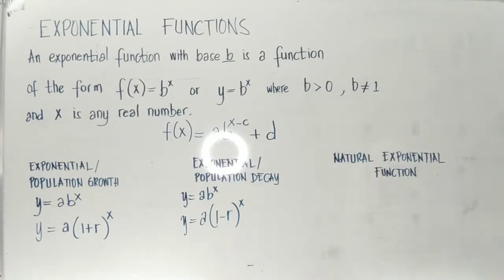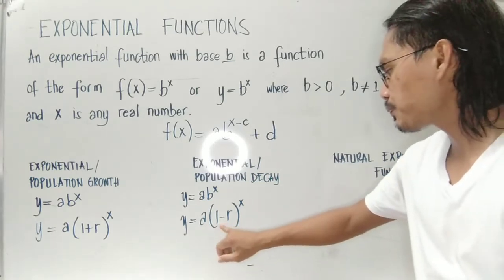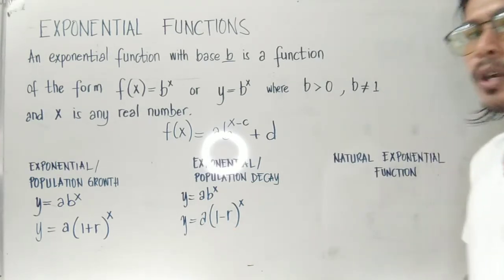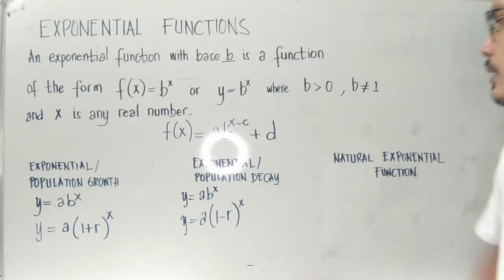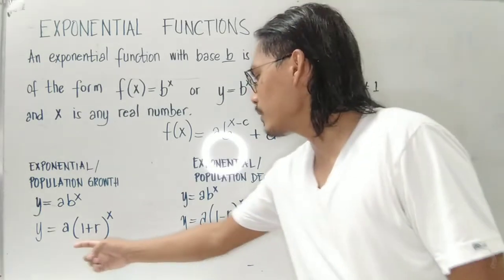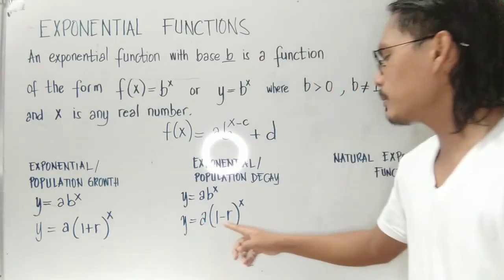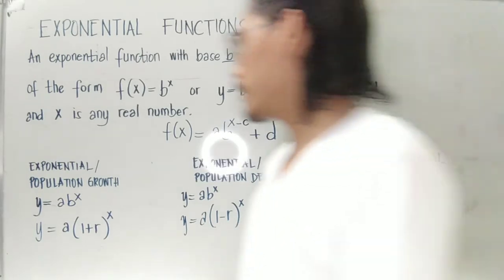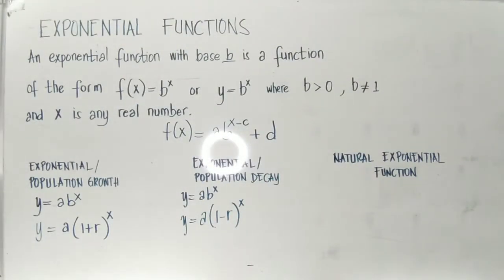Population growth discusses the increasing trend of your exponential function, while population decay can be applied on problems with decreasing exponential functions or the decreasing trend. The difference is this 1 plus r and 1 minus r as your change rate factor.